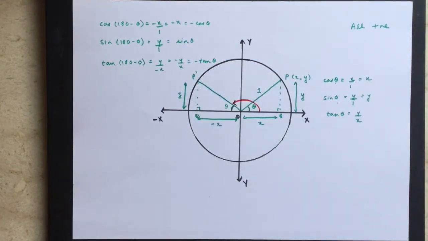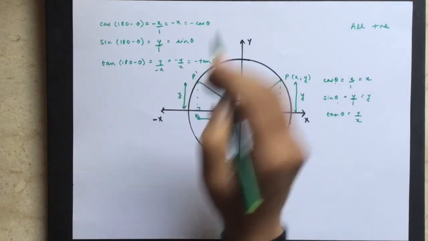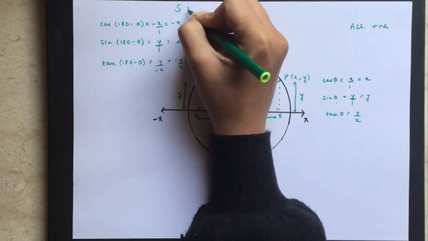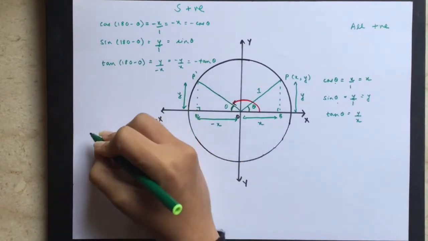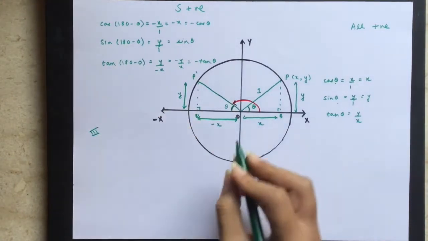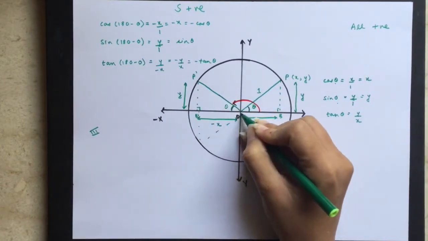So here we observed that cos and tan are negative, whereas sine always remains positive. So can I say sine will always remain positive?